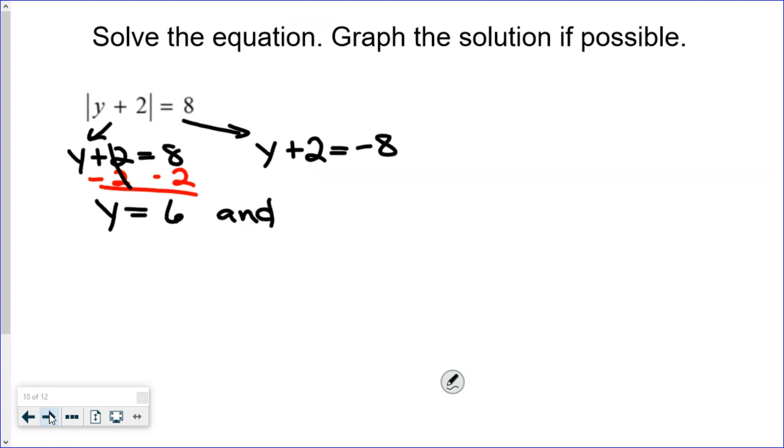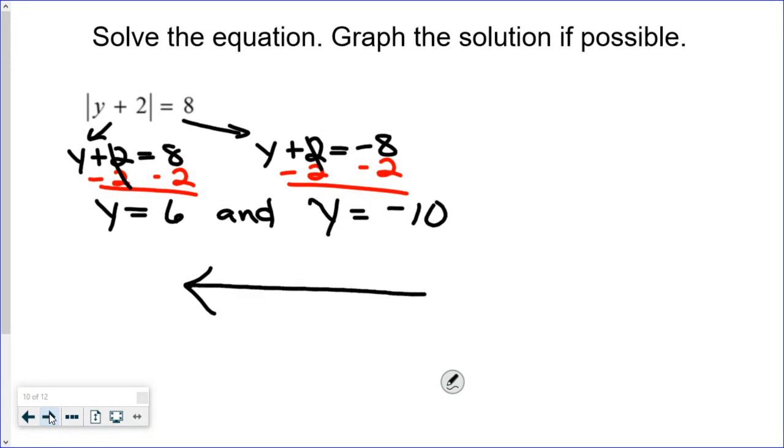And my other solution, when I minus 2 again, negative 10. So on a number line, here's what I'm looking for. Which one of those two numbers, I'm just going to put 2 spots. Negative 10 goes further to the left. And all I'm really looking for is that you know which one is further to the left and which one is further to the right. If you mix up negative 10 and 6, that part's going to be wrong.